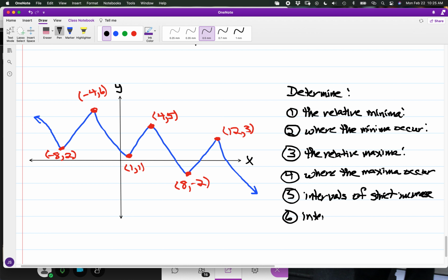Just for the next few moments, there are some added terms here. So let's see what we get for parts 1, 3, 5, and 6.